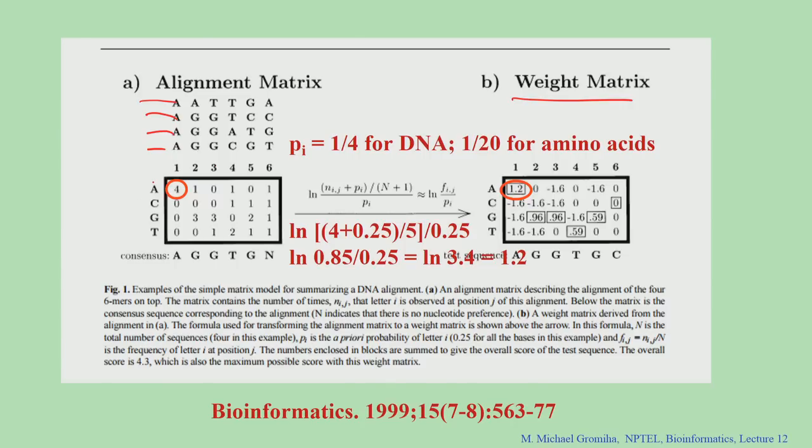You can put first A, all 4 sequences have A. The second one has 3 Gs and 1 A, and the third one has 1 T and 3 Gs. We can fill this matrix based on the sequence alignment. Then you convert this into scores, into the weight matrix.